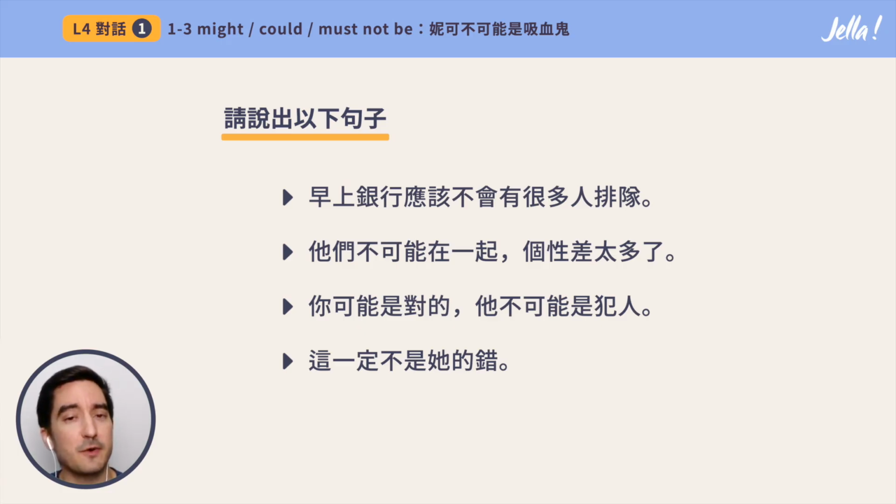Now, that's focusing on who did that one thing. Maybe someone did the math wrong on some stuff at work. That would be the mistake. Okay? But if we're talking about the reason or who caused something to happen, you could use the word fault. Okay? So a different way to translate the sentence is, oh, it must not be her fault. So there is a mistake.